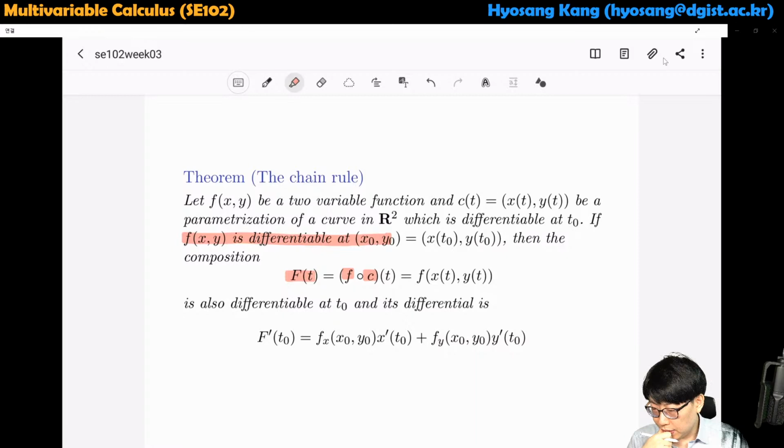Then the conclusion is that this composition is also differentiable at the point t0, which gives (x0, y0) in the parameterization c.